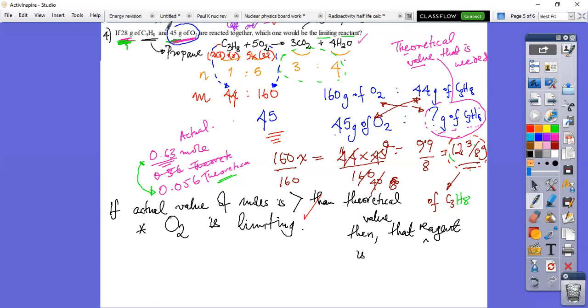This is just the mass of oxygen. No, I mean the moles that I just did, because I thought it was from the limiting reactant. Oh, I see what you're saying. So you're saying take away the theoretical value of moles from the number of moles of oxygen.